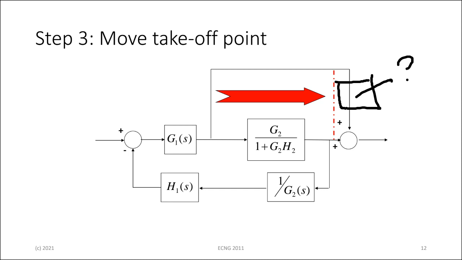It's going to be the inverse of what we have. If this was a big X in the block, the takeoff point here is being taken off before it was multiplied by X. So if I put it after, then I'm going to have 1 over X, whatever X is inside there. So you're beginning to follow.